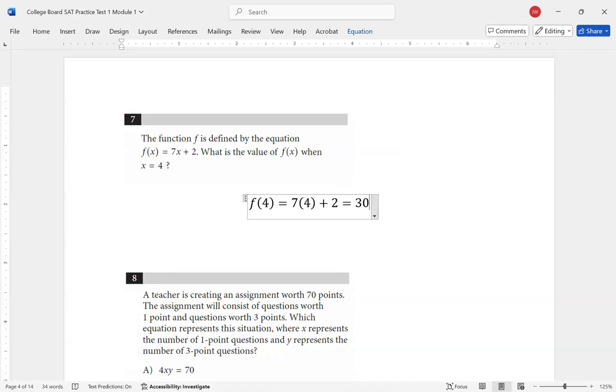And so 30 is the answer to question number 7. So 30 is the value of f of x when x is equal to 4. And we can write that as f of 4 is equal to 30. When you type in your answer, you'll just type in 30.